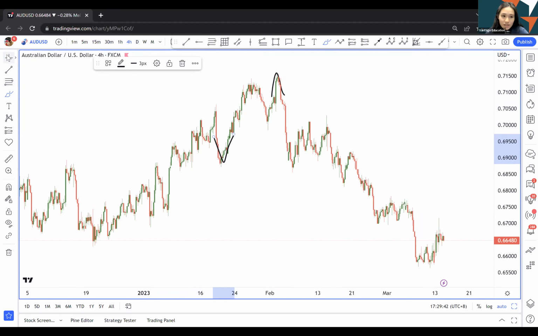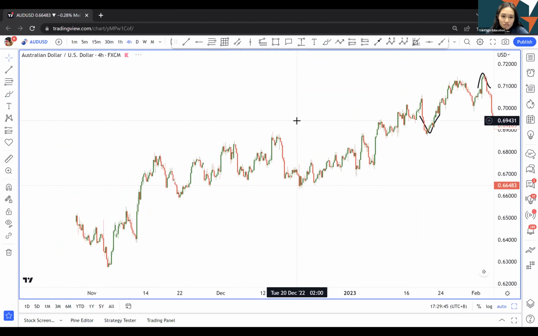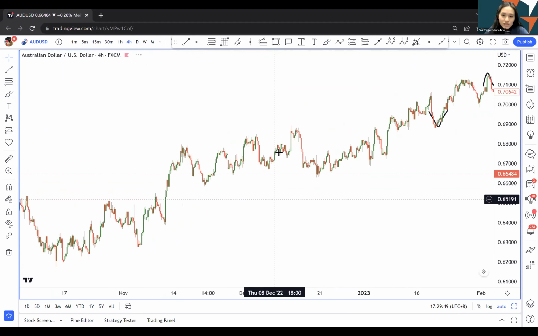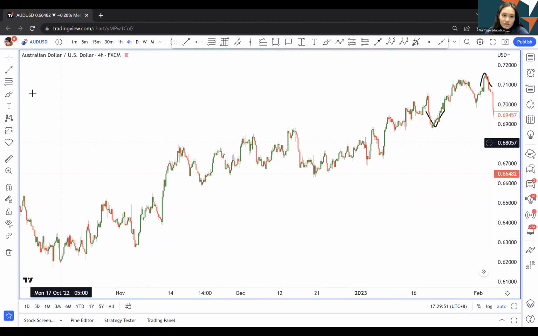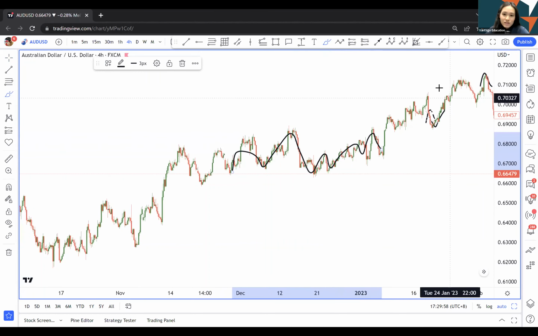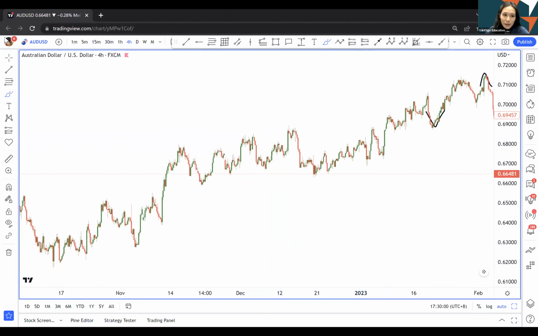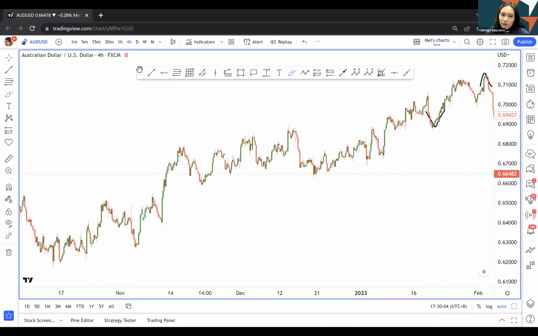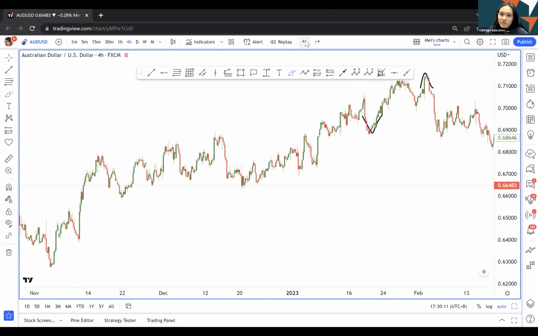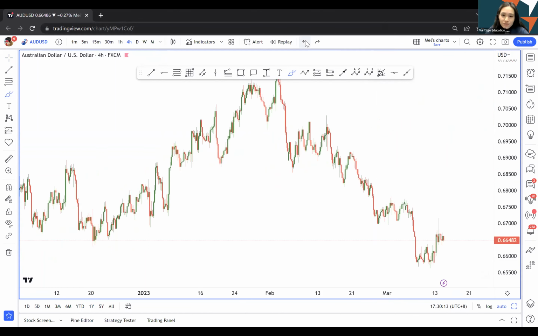You don't want something like this area here, with no significant swing highs or lows. So you can alternate between the hourly, 4-hourly, or daily to see which market structure is the clearest.